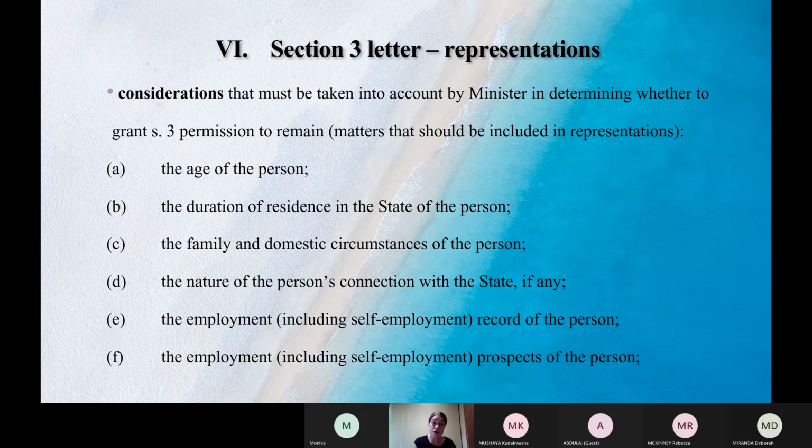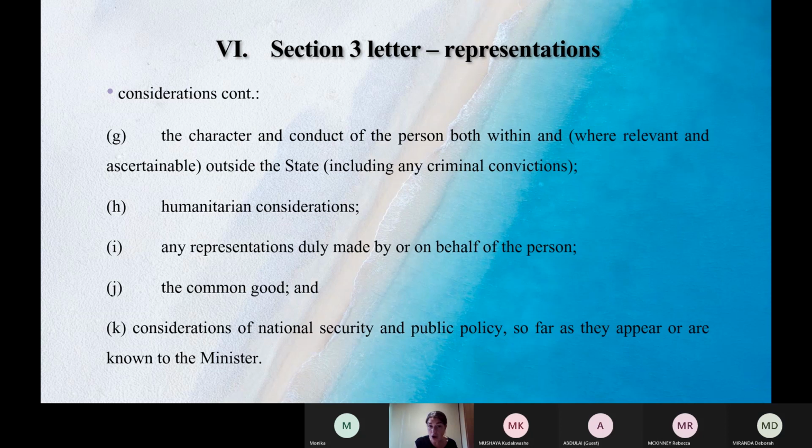So these are the age of the person, the duration of residence in the state of the person, their family and domestic circumstances, the nature of their connection to the state, their employment, including self-employment record, their employment, including self-employment prospects going forward, the character and conduct of the person, both within and outside the state, humanitarian considerations, any representations duly made on behalf of the person, the common good, and considerations of national security and public policy so far as they appear or are known to the Minister.